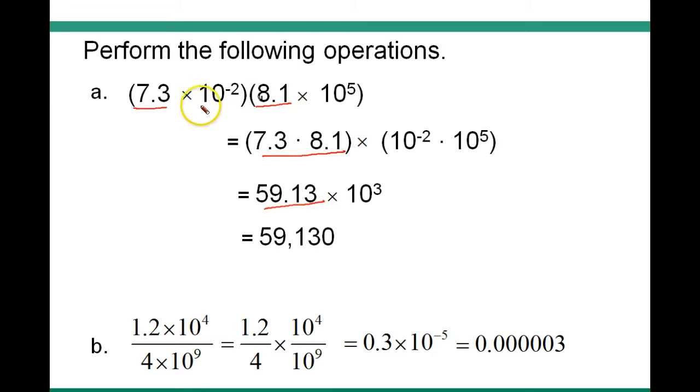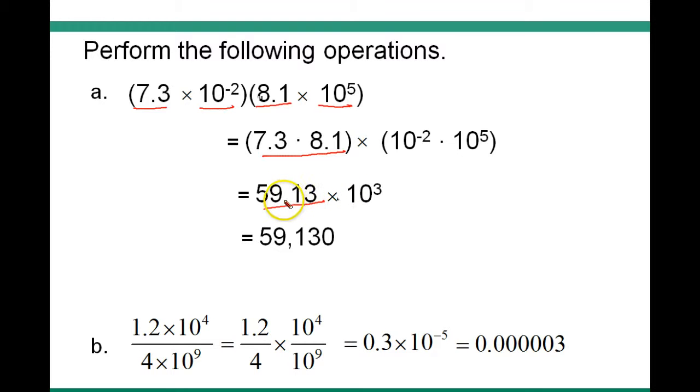We then multiply this by this, and since we're multiplying powers of 10, we just add the exponents. A negative 2 and a positive 5 gives us a 3.